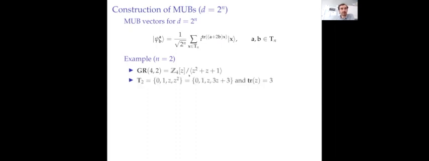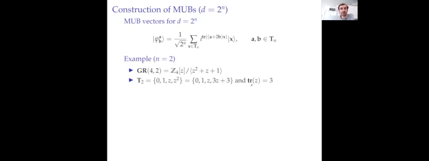And so now let me just show you quickly again this example. So this was the formula that we have for these mutually unbiased bases for qubits in dimension 2 to the n. And so let's say we look at this example of 2 qubits. So we have n equals 2, then we use this Galois ring that I showed before. And so this Teichmuller set is 0, 1, and then all the powers of z, which simplifies this.